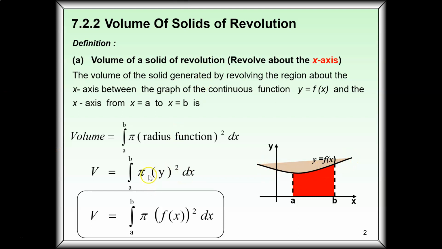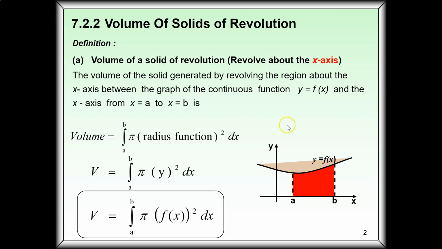So you will have the integral from a to b of pi y squared dx. Why is it y? Because y over here is the curve, so you have y equal to f(x). The y is in terms of x because we have dx. So at the end, you will have this formula: the integral from a to b of pi f(x) squared dx. The function given must be in terms of x.